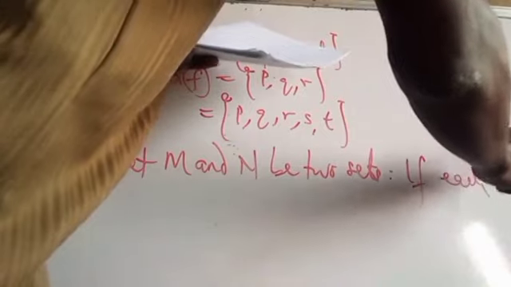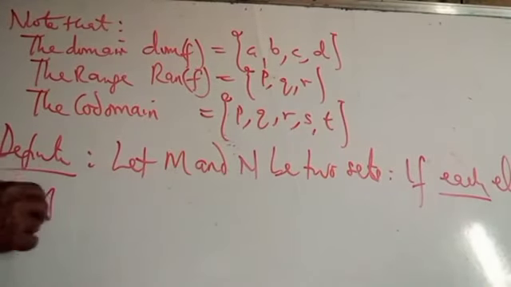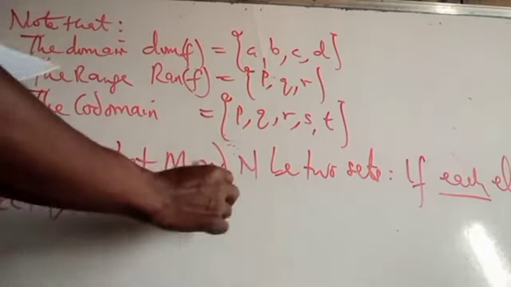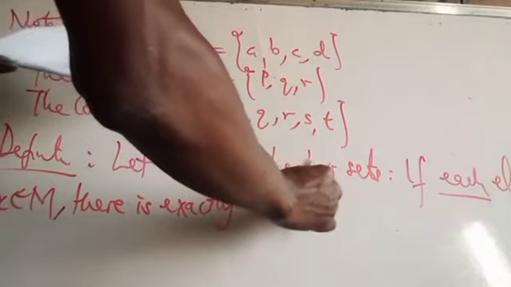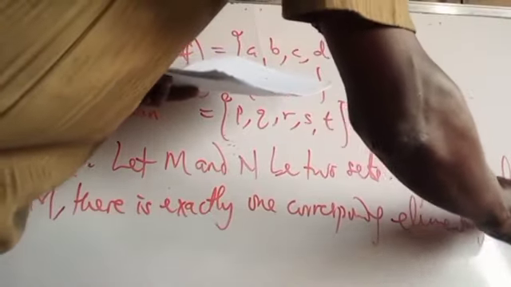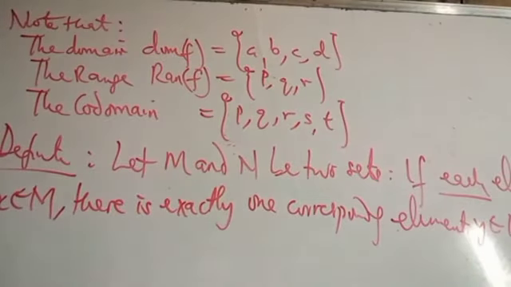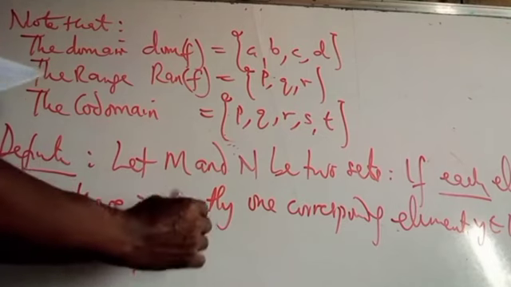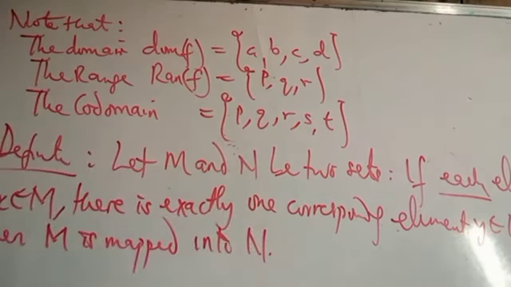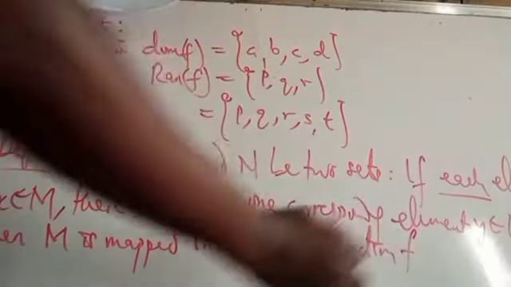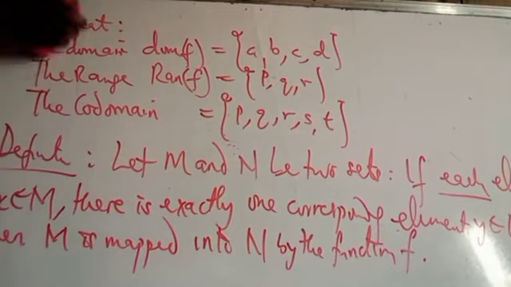If each element X in M, we are using X abstractly here, there is exactly one corresponding element Y in N, then M is mapped into N by the function F. Now let's use a mathematical notation to show that.